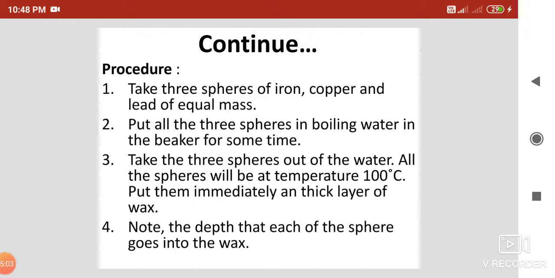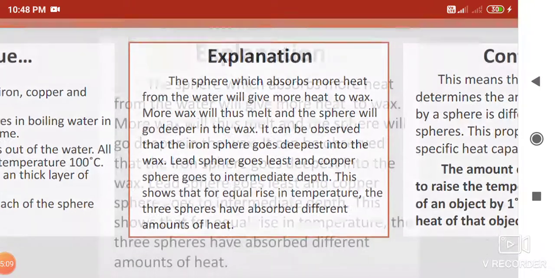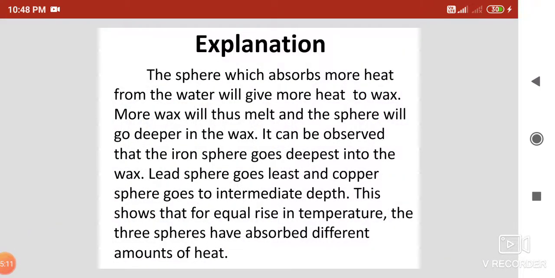Then we note the depth that each sphere goes into the wax. The sphere which absorbs more heat from the water will give more heat to the wax, and more wax will melt, so the sphere will go deeper into the wax.